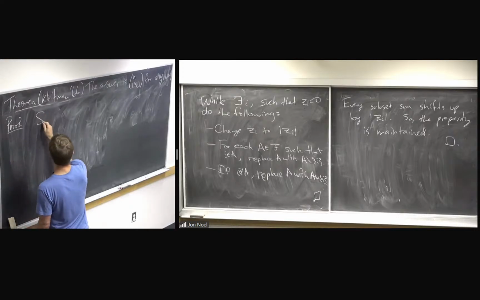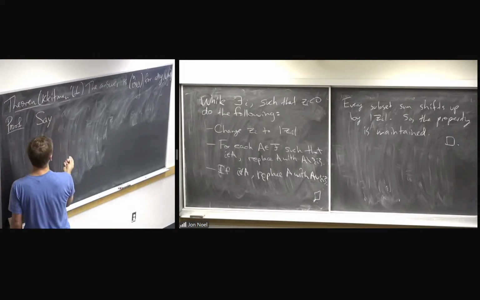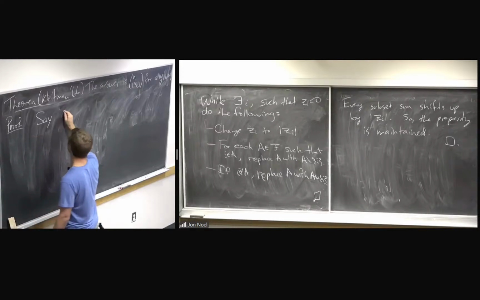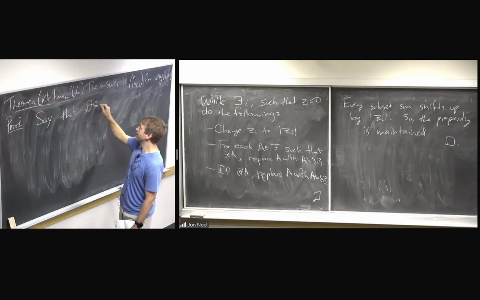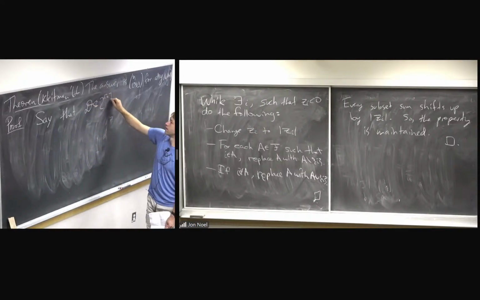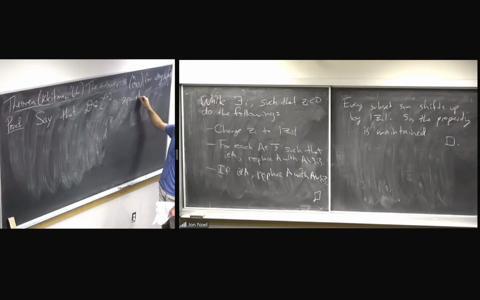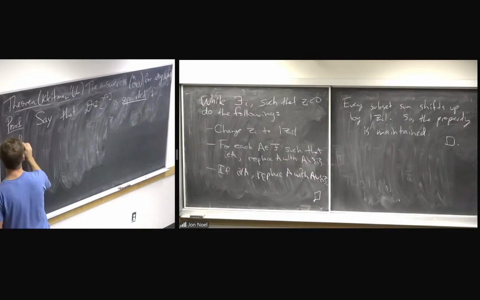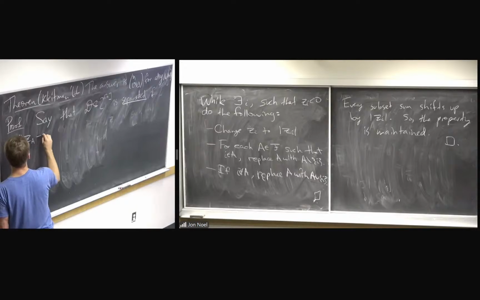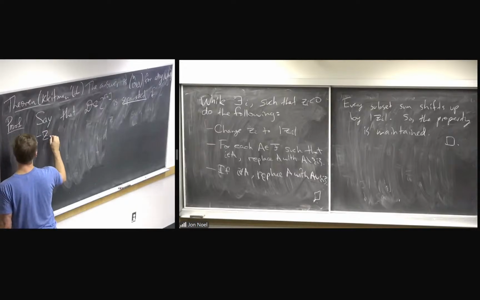So let's define a notion of a chain in this setting. Say that a family D is separated if all the subset sums Z_A are far apart.